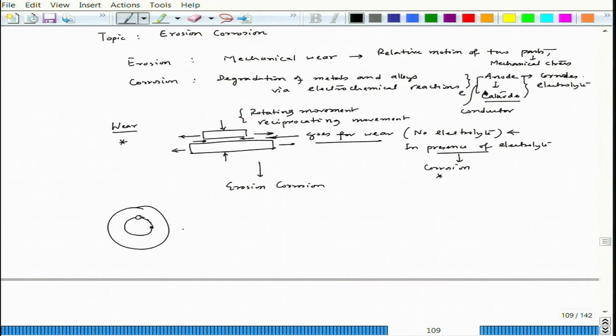So, this is the pin, this is the plate, and this pin is actually exerting pressure on top of that plate, and that plate can be rotated, and then you have wear, and this zone forms basically a circular section where the material can be removed due to either abrasion or adhesion.